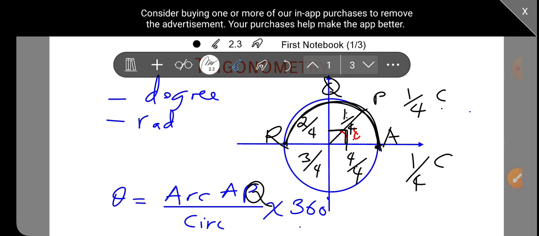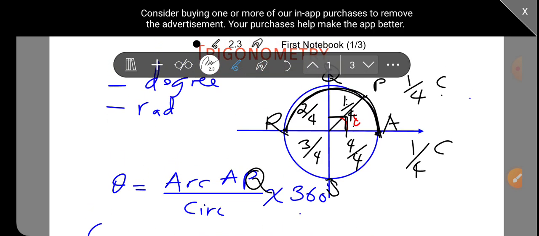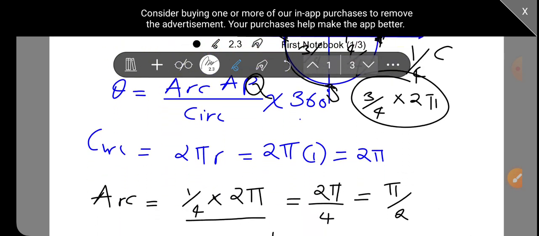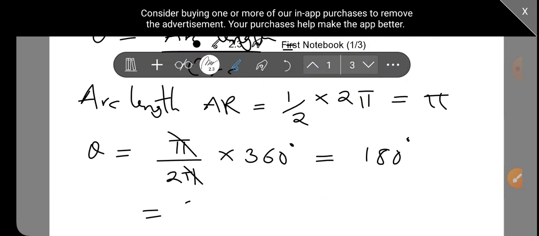You can do it again if you have another point, and find what angle it forms if an arc runs from A to S. It will now be 3/4 of the circumference, 2 pi, and then you solve the way we have done it. At the end of the day, you get an angle of 270 degrees.